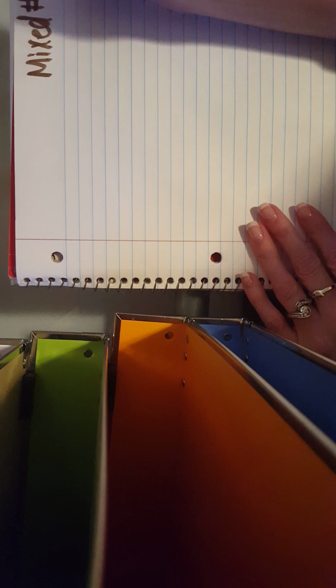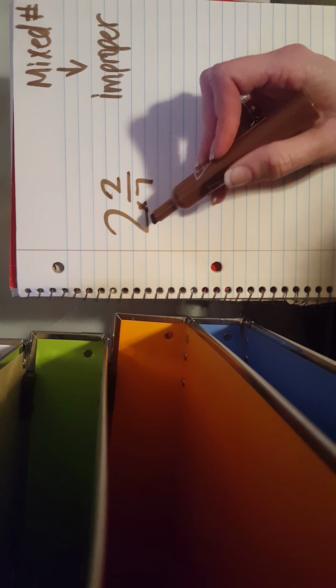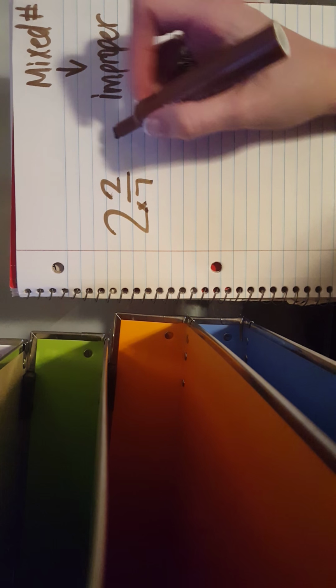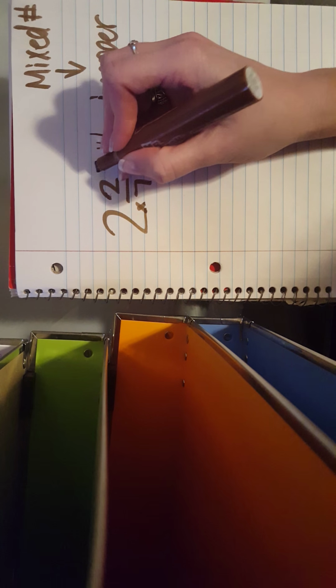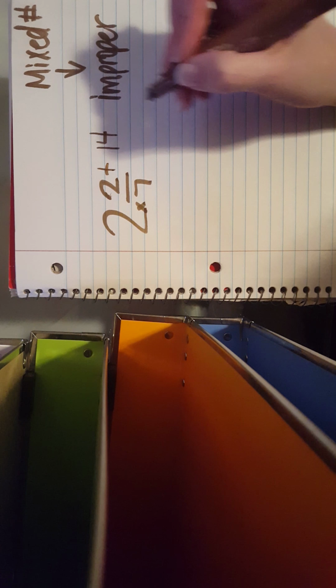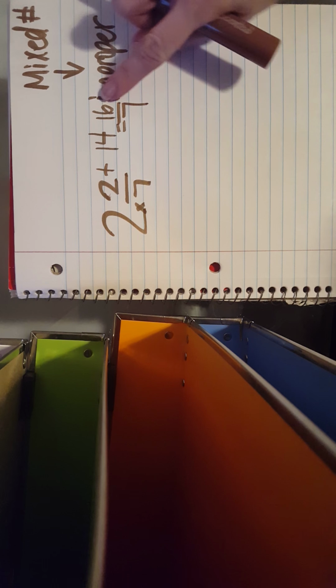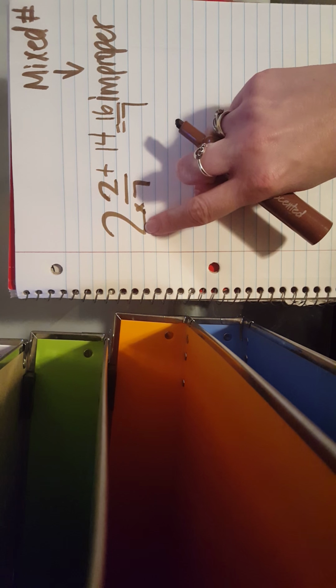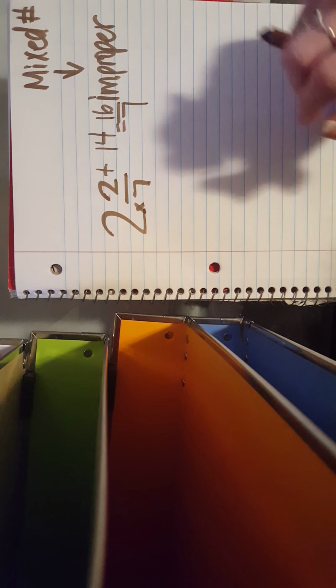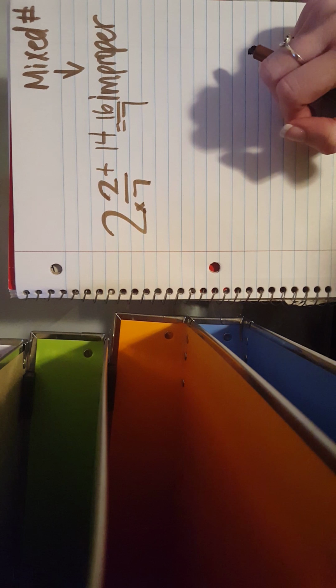Well, then I have to think, what is 2 times 7? 2 times 7 is 14. And all I have to do is add it to my numerator. 14, 15, 16. My improper fraction is 16/7. 7 goes into 16 twice with 2 left over. That's how you go from a mixed number to an improper fraction.